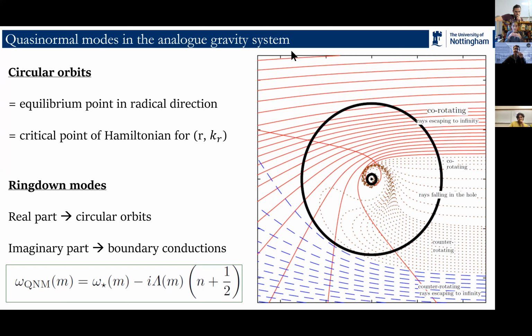And once you have these light rings, you can calculate the ringdown modes. The ringdown modes have a real part linked to the circular orbits, and an imaginary part, which is linked to the boundary conditions in the system. You have to understand that what we are doing in any of the analog gravity experiments is field theory or quantum field theory in a box.